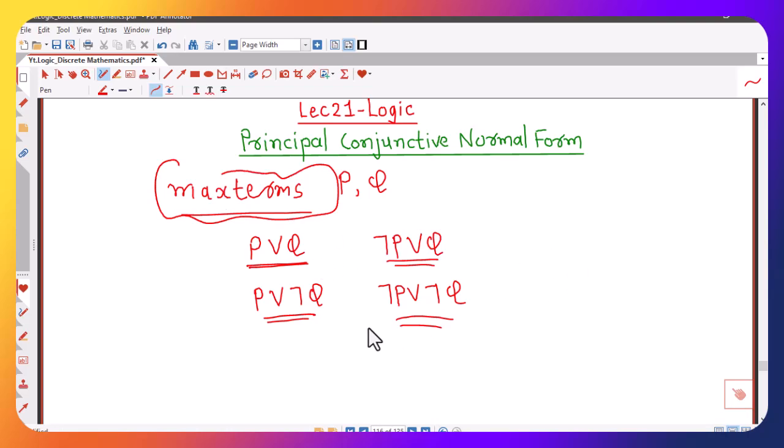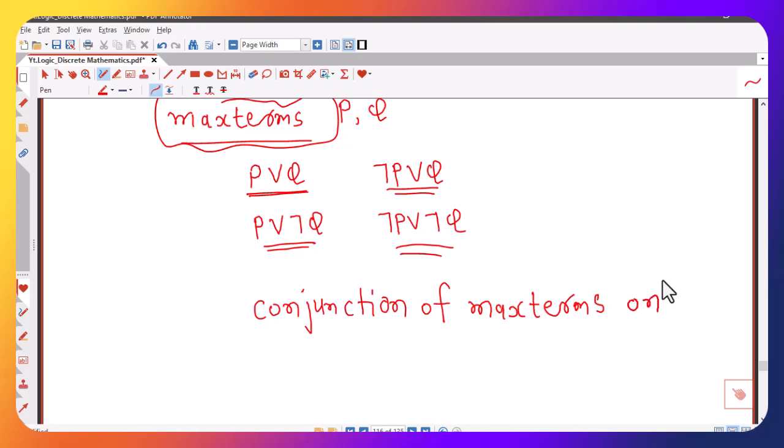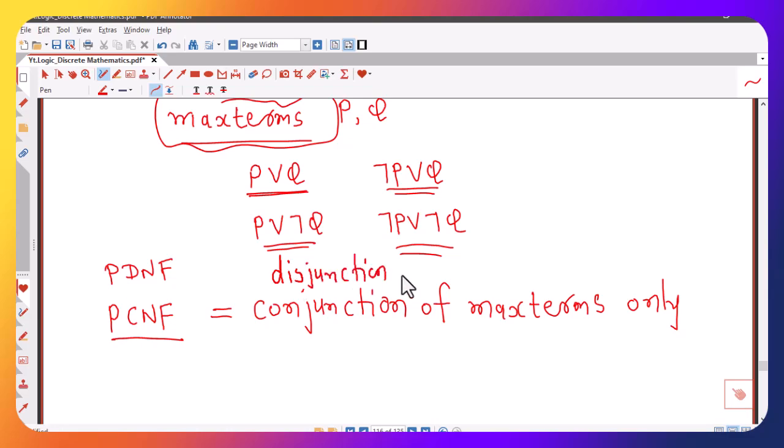And if we take the conjunction of these max terms only, then we will obtain the principal conjunctive normal form. And for principal disjunctive normal form, we are using disjunction of min terms only.